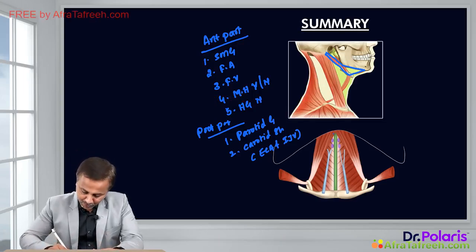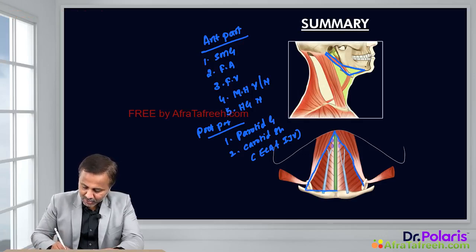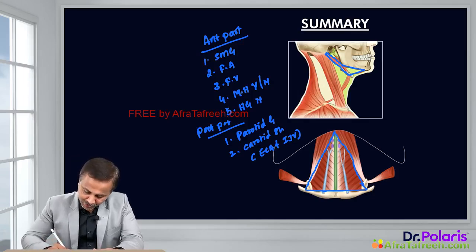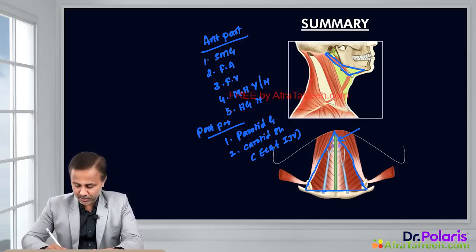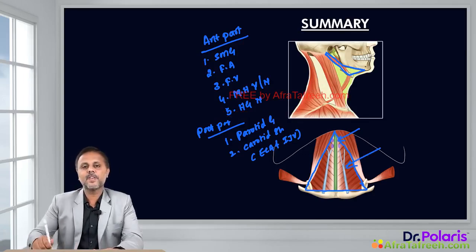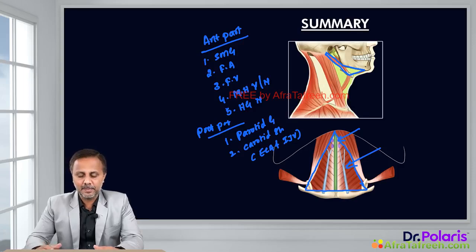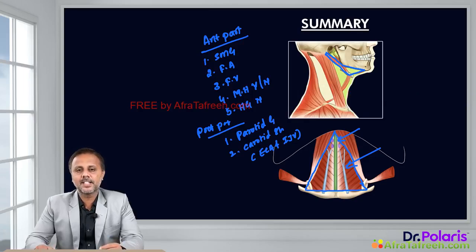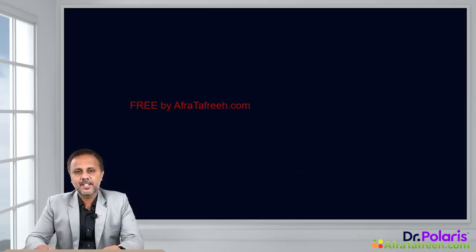Then we discussed the boundaries of the submental triangle, bounded on either side by the two anterior bellies of digastric, and the base is formed by the hyoid bone. The important contents, as we discussed, were the submental lymph nodes and then the beginning of the anterior jugular vein. This is regarding the boundaries and contents of the digastric or submandibular triangle and the submental triangle. That's it for this session.